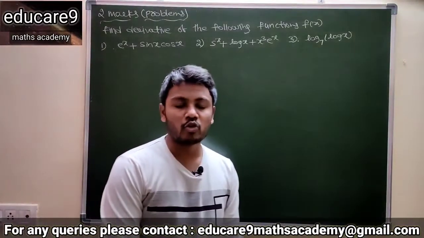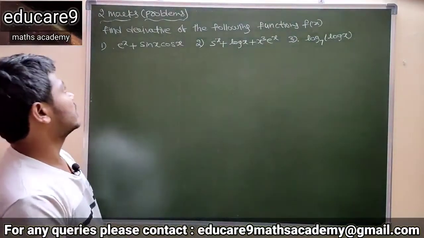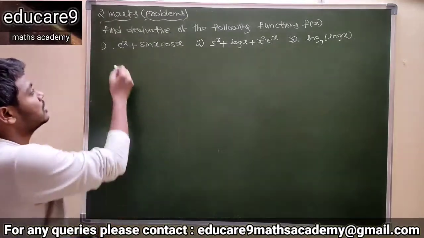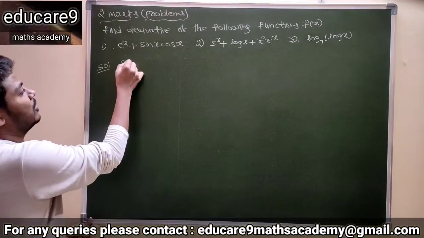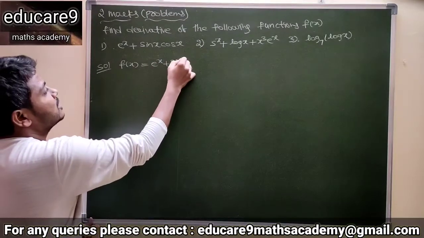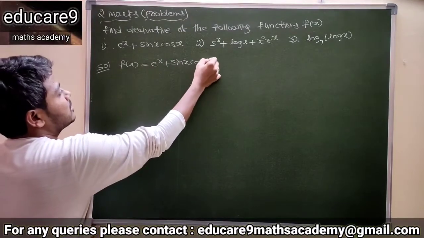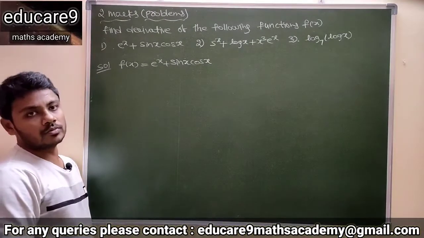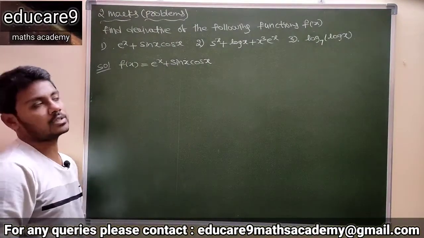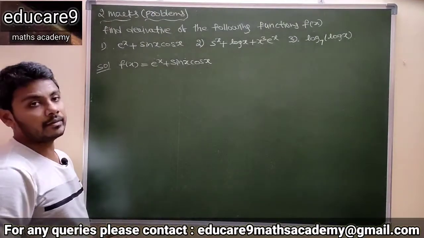Now we will discuss a few 2 marks problems. See the first one. Find the derivative of the following functions f of x. So first, f of x is equal to what? E power x plus sin x cos x. Now we need to find the derivative.